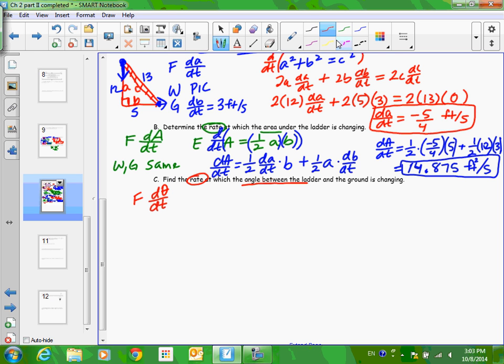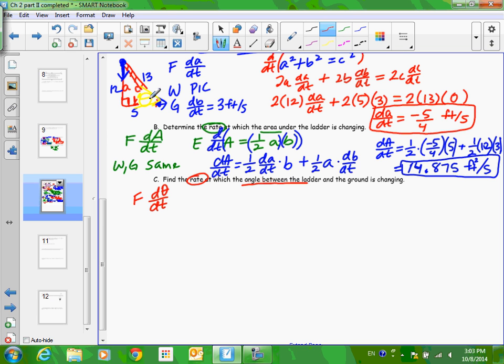Now watch, this is my theta right here. You can use whatever letter you want. Doesn't matter to me. I'm going to use theta because I want y'all to get used to seeing theta.